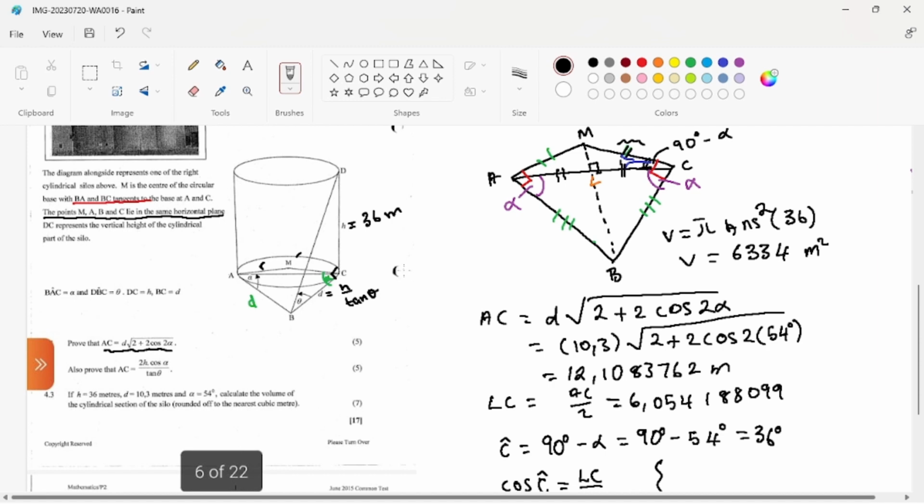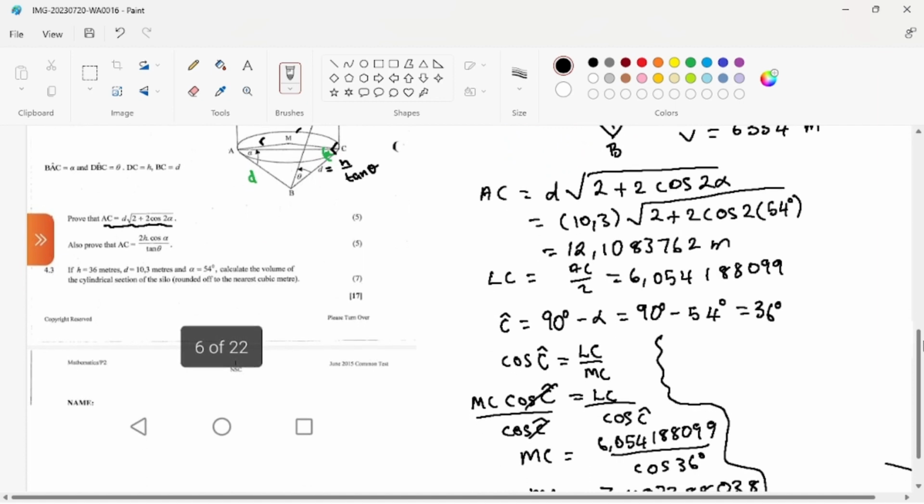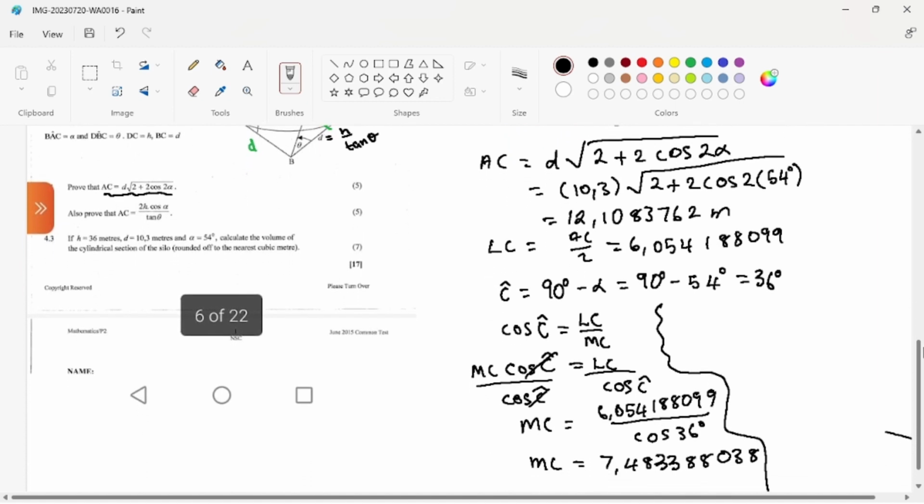Okay, go down: 2 cos C equals LC. Your main goal was to calculate the radius, I understand. And then you calculated LC. Why did you calculate LC?